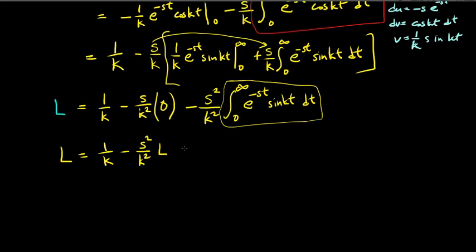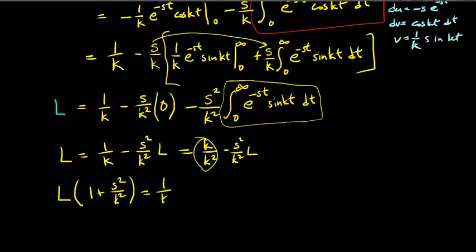And it might help to get a common denominator here. So this is going to be k over k squared minus s squared over k squared times L. If you add this to both sides, you get L times 1 plus s squared over k squared, and that's still equal to, oh, then we didn't need to do this.